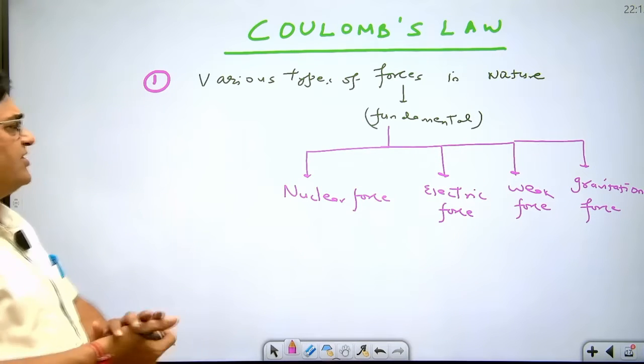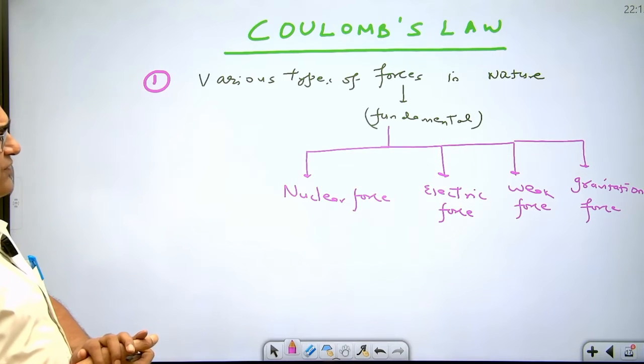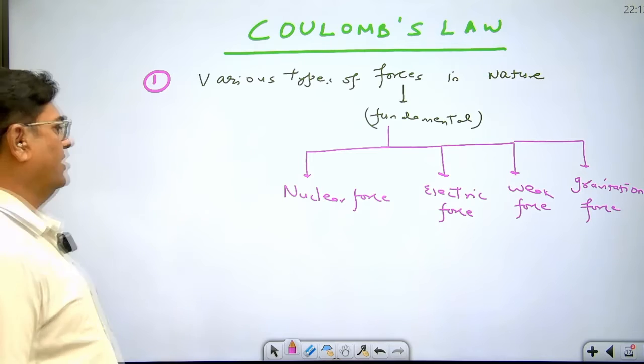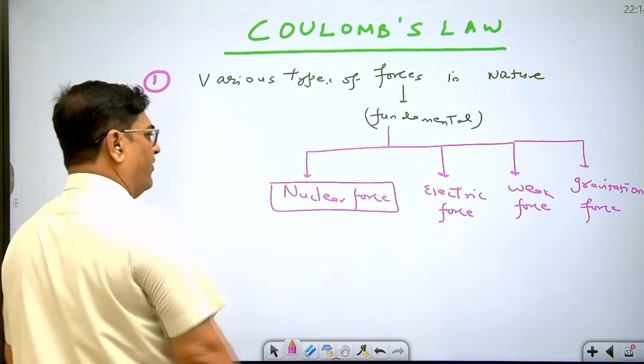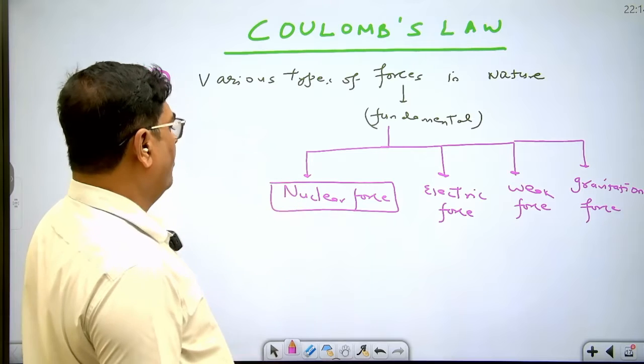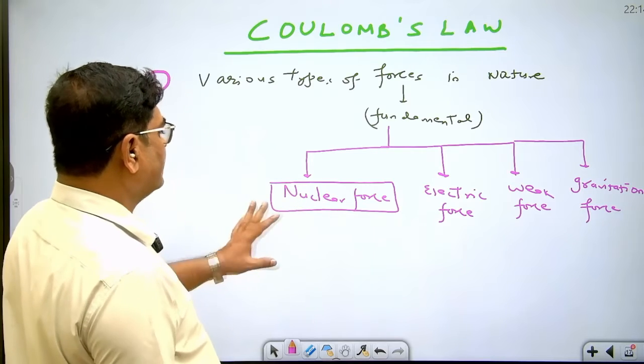If we look at a general comparison of nuclear force, electric force, weak force and gravitational force, the nuclear force is the most powerful force among the four fundamental forces. But the only problem with the nuclear force is that it acts only in the nuclear range.